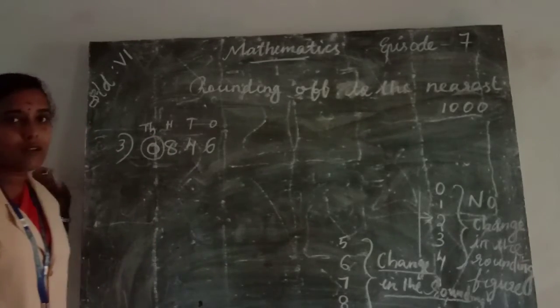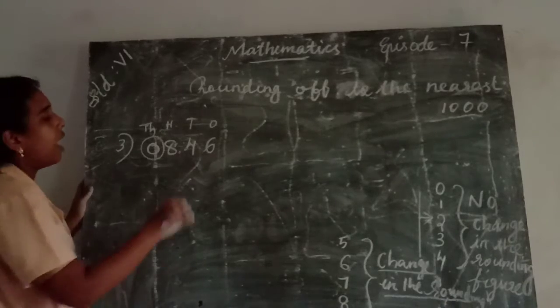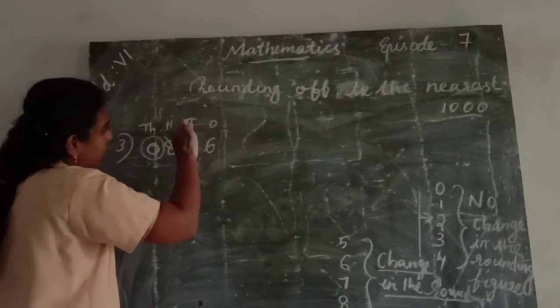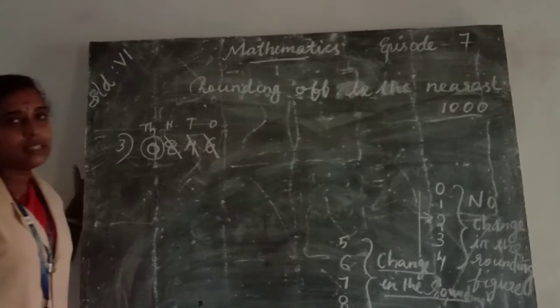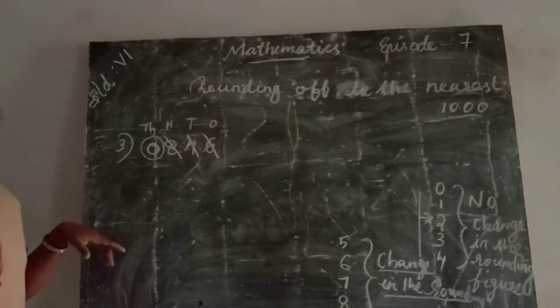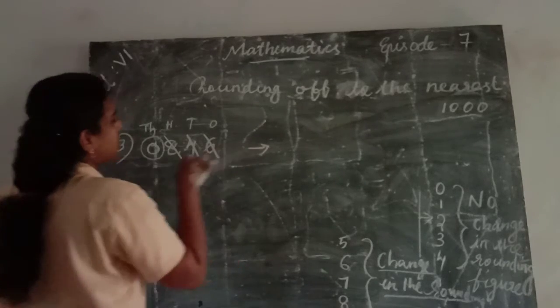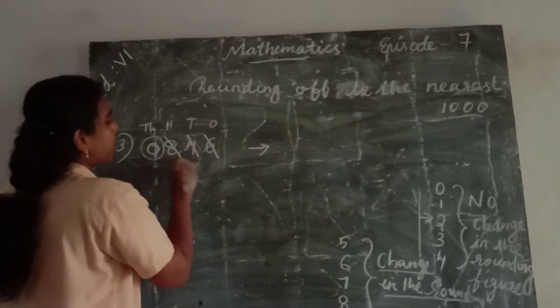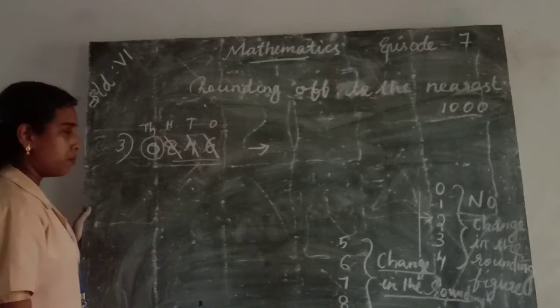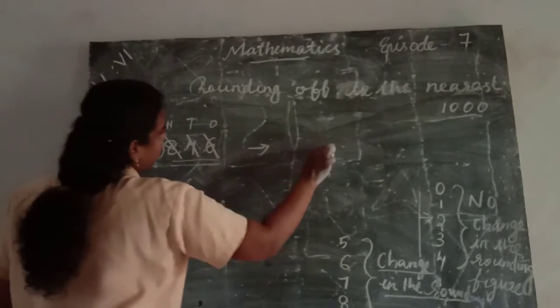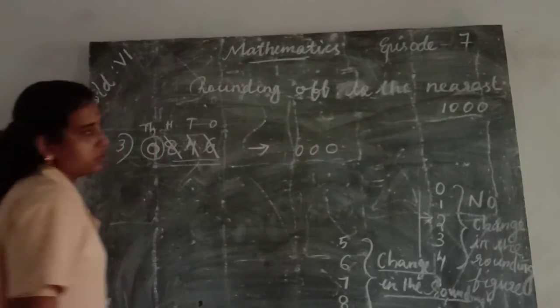So 0 is at the thousand position, and we put zeros at the off digit positions.